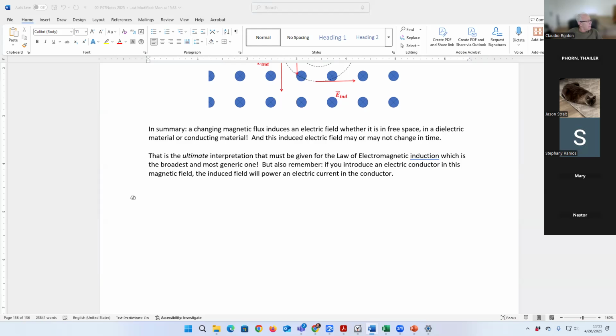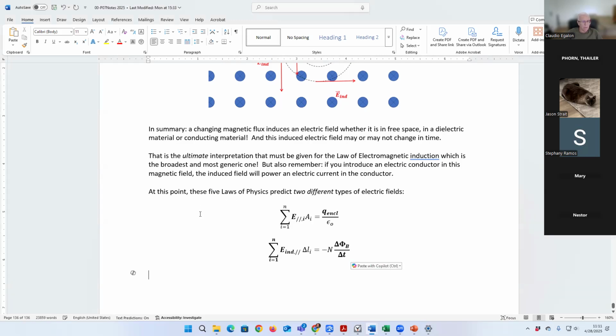So now we can even say that we have two types of electric fields. An electric field that's generated by a charge distribution, Gauss's law of electricity, and an electric field that's induced by a changing magnetic flux.